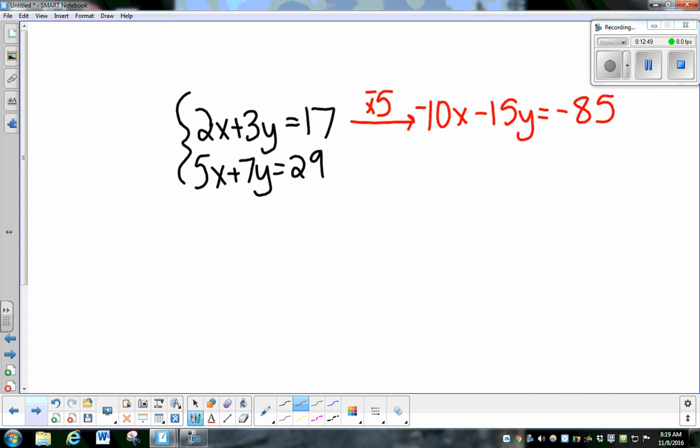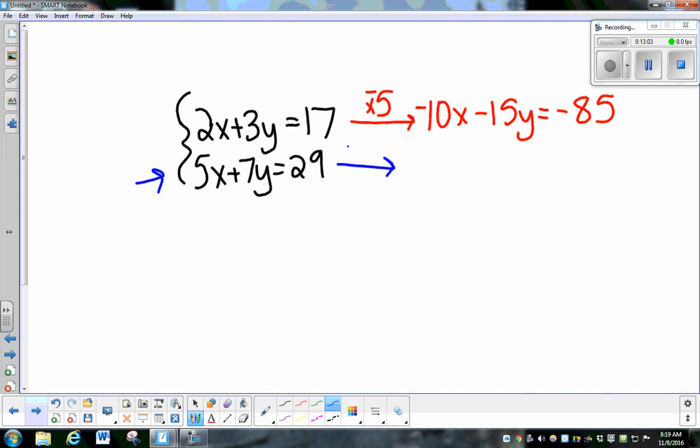So I multiplied that one by negative 5 so that my x coefficient is negative 10. That means I want to multiply this equation by something so that my x coefficient is positive 10, so that those will eliminate.